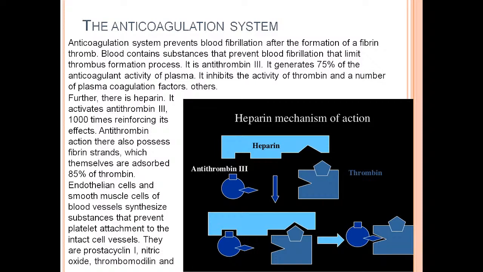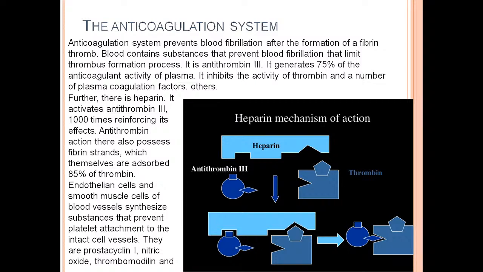With a rapid increase in the concentration of thrombin in the blood, a neurohumoral anticoagulant system is activated. A sharp increase in the concentration of thrombin in the circulating blood leads to irritation of the vascular chemoreceptors of the carotid bulb.